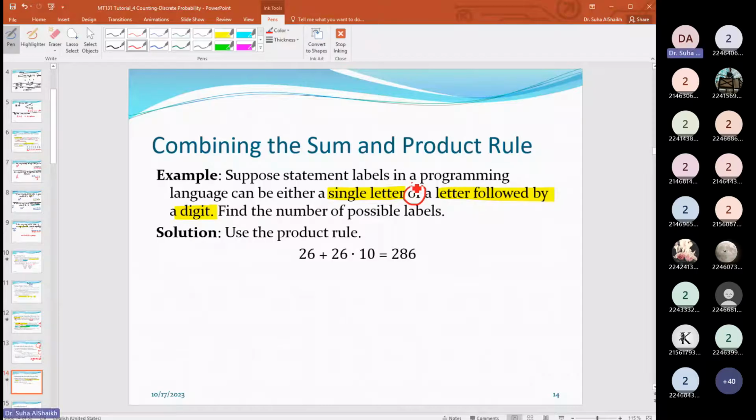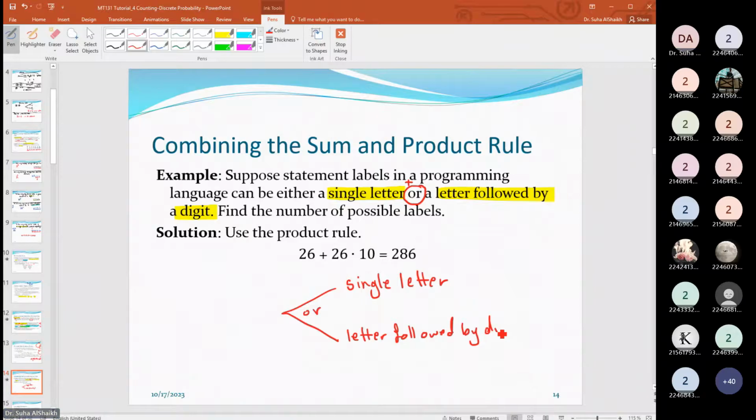So I'm talking about two options: the label will be either a single letter or a letter followed by a digit.